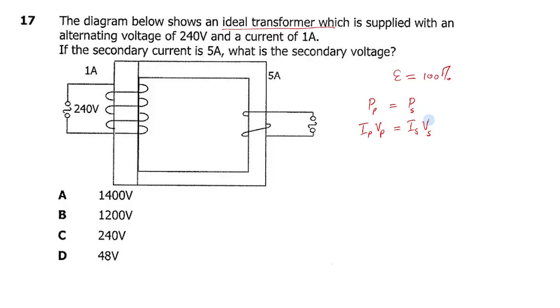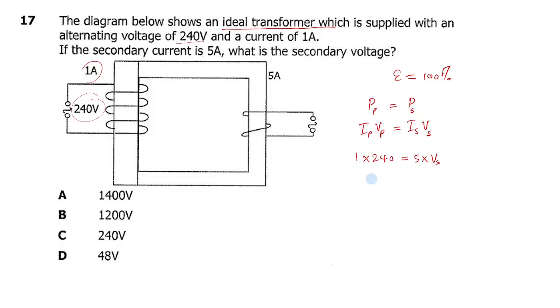Now they've given us the values. The voltage here is 240, and the current is 1. So put current 1 times voltage 240 equals, since they want the secondary voltage, current here is 5, so 5 times Vs, which we don't know.